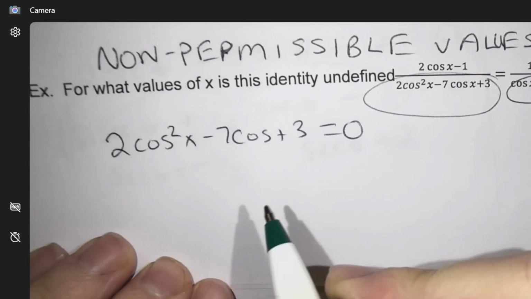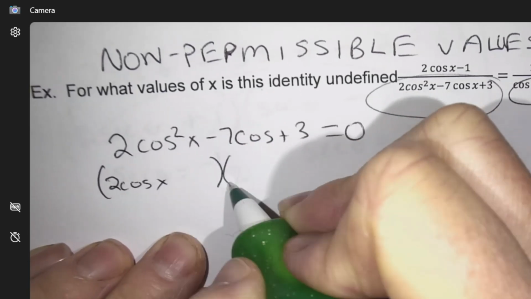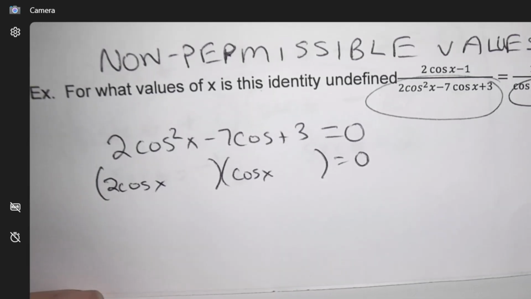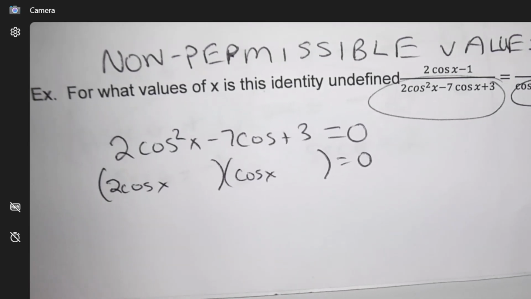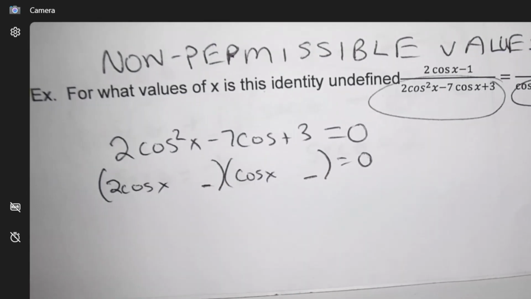Okay, so here we go. This one would be a factor. So 2 cos and a cos. 1 times 3 or 3 times 1 here.